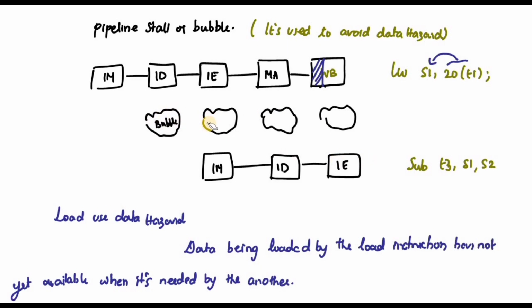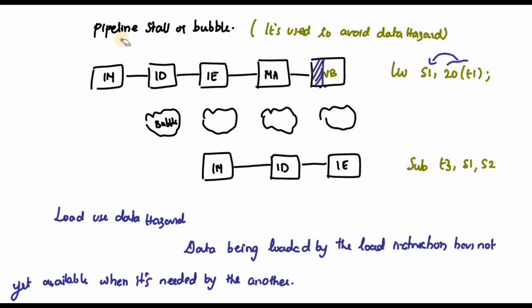During this stage, the subtraction is on this stage, the data is not loaded. The first instruction data is not loaded to the S1, so therefore it will cause us a hazard. So I'm going to insert a pipeline stall or bubble.